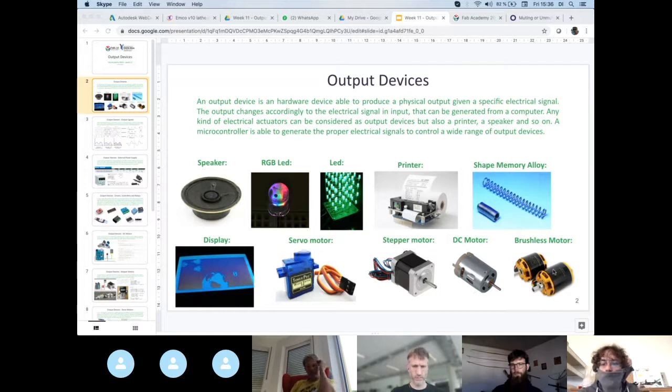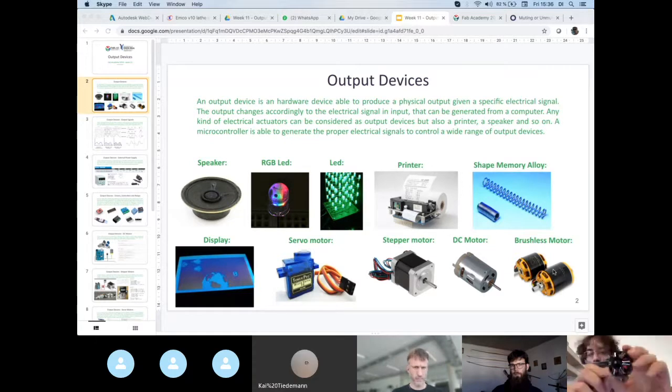So the last motor that we haven't mentioned is the brushless motor. I have also here a brushless motor. I don't know if you can see it in the cam. The main difference between this and the other motors is that the brushless motor, as the name says, doesn't have any brush inside like the DC motor. So this means that the stator and the rotor are not touching each other.